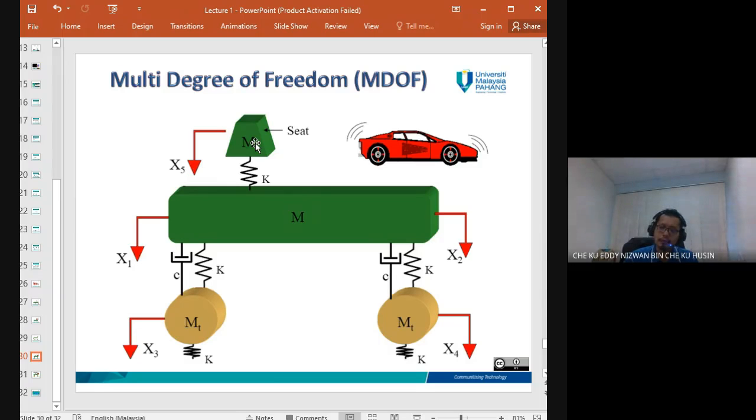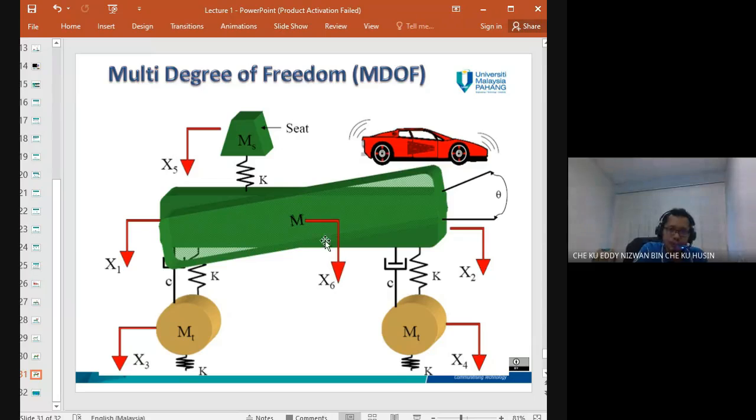This is commonly called human body vibration, to study the dose of vibration received by the passenger or the driver. This one you can split by model, which is the seat, and you can go for the pitching mode.